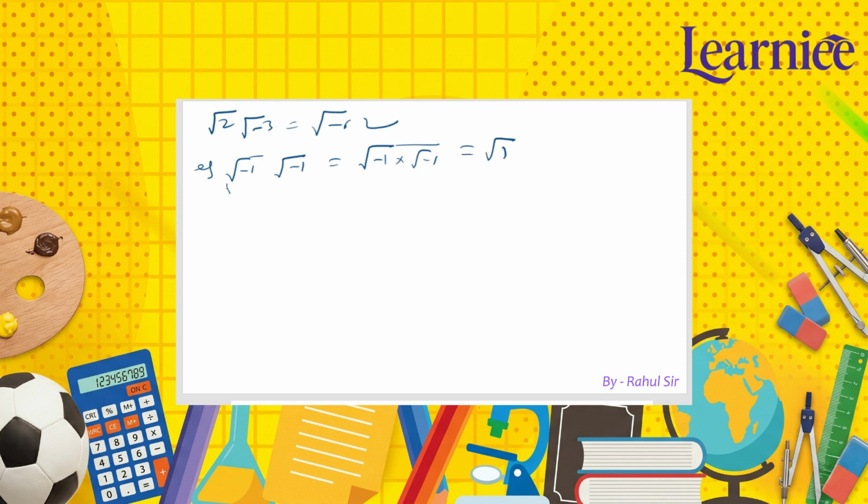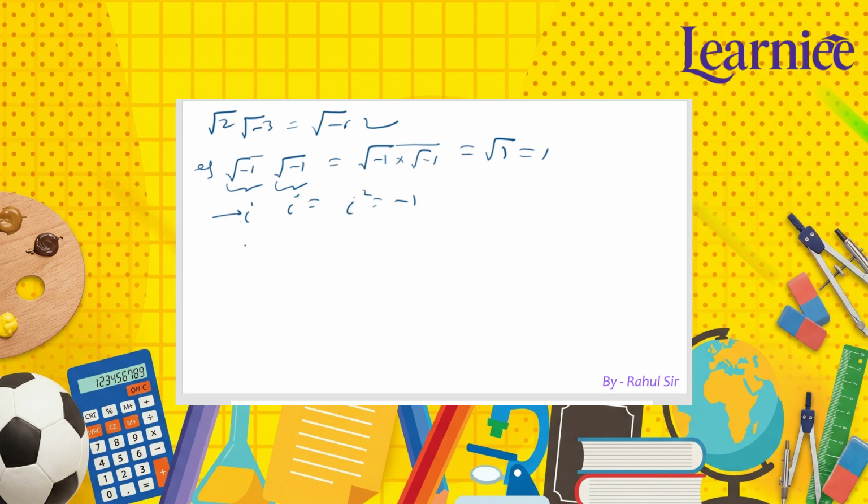But √(-1) is i, so i times i is i squared, which is -1. So clearly one is -1 and the other is 1, and they are not equal. So which is correct? Obviously the rule √A √B = √(AB) is not valid here, because both A and B are negative, whereas the correct form is this one.